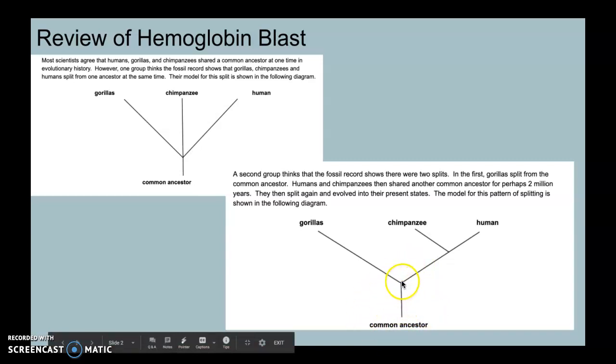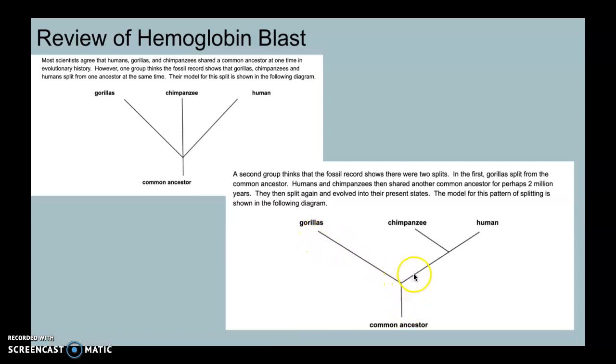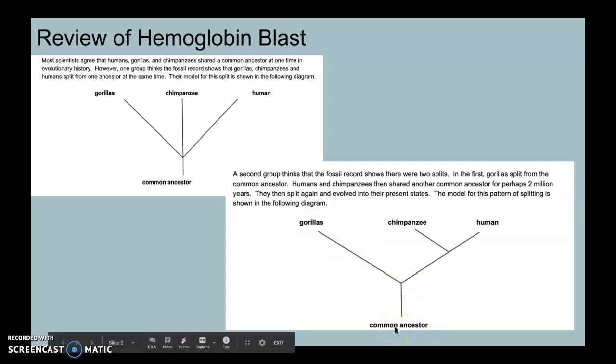And again, we have a split from gorillas to a common ancestor of humans and chimpanzees. And then there was another split here of a common ancestor between the chimpanzee and the human. So it shows that the human and the chimpanzee are actually most closely related with one type of common ancestor. And then humans and chimpanzees are closely related to gorillas when it comes to this particular common ancestor.